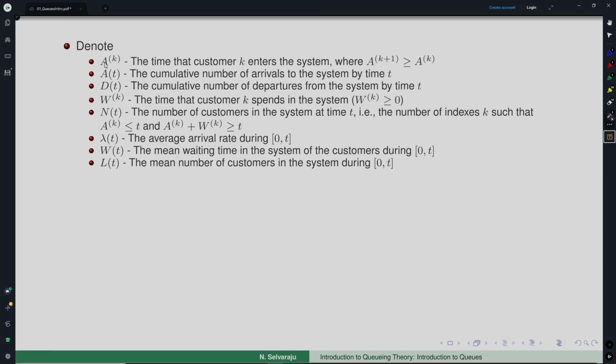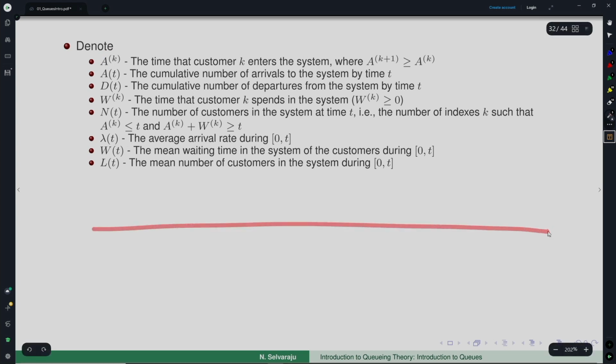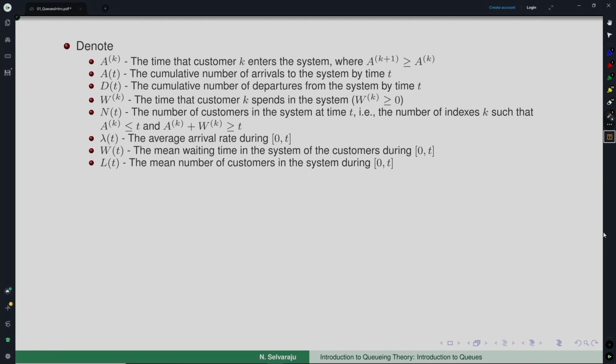We denote by A superscript k, within brackets, the time of arrival of customer k to the system, where obviously the (k plus 1)th customer would arrive after the kth customer, right. So, that is the relationship that will hold. This is basically the kth customer's time point. So, imagine a timeline here, from 0 to infinity. So, you are looking at the time.